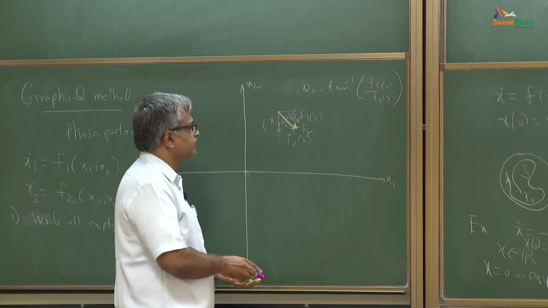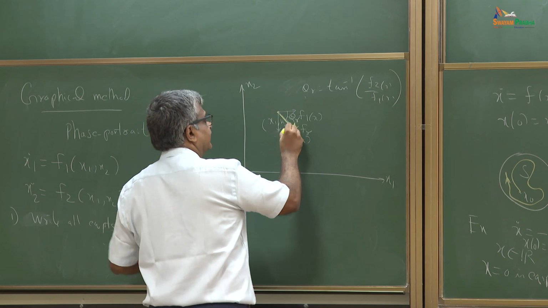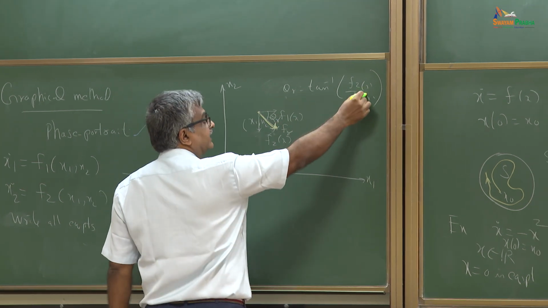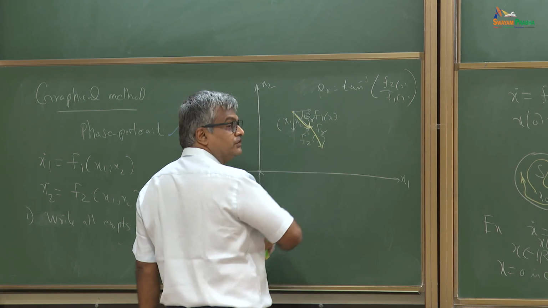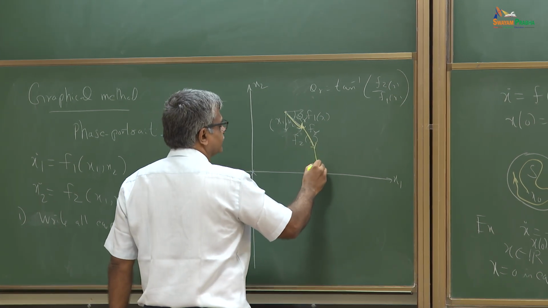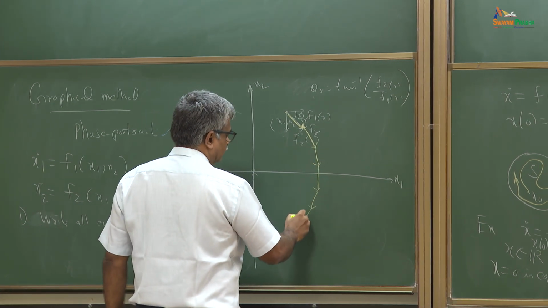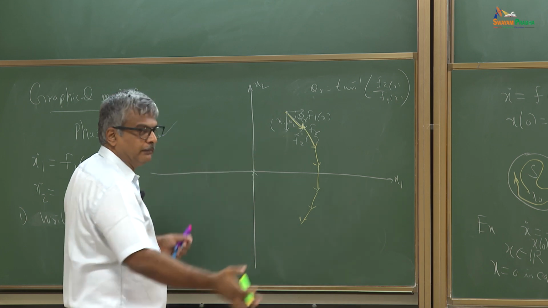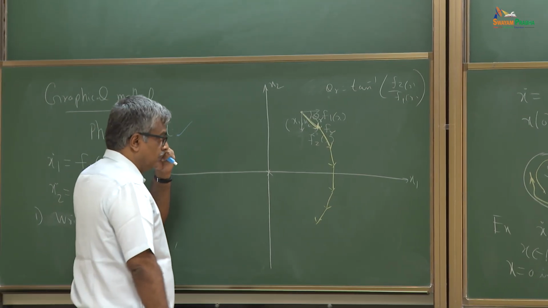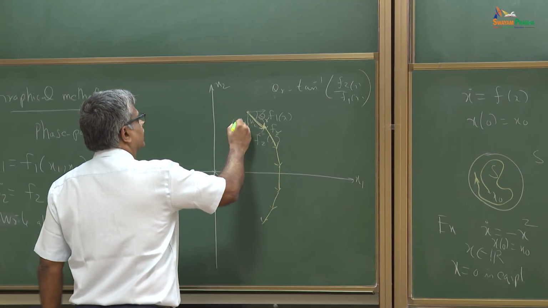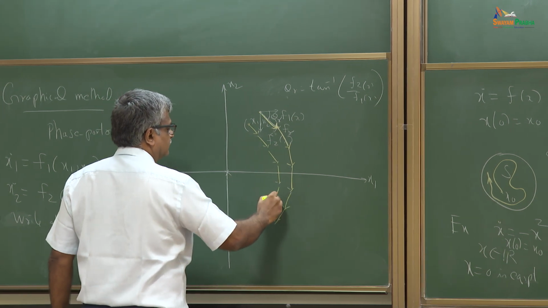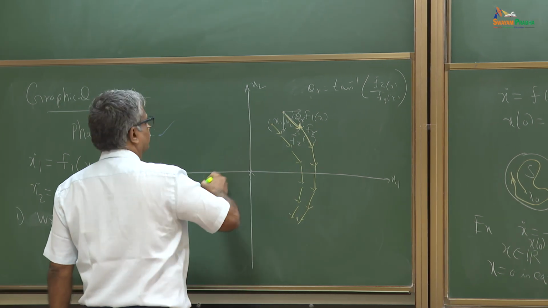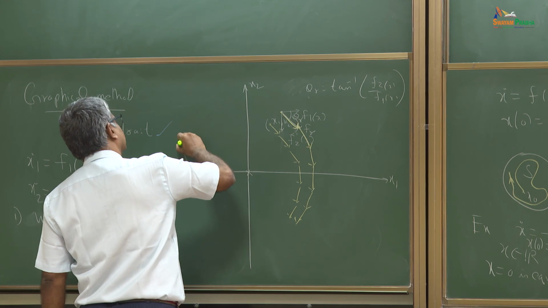Do the same thing for this, right? So again, treat this as the point, plug into this and get the angle. So maybe there will be a small change. Continue this for as long as you want your plane to be filled up, right? Do this for many other initial conditions. So maybe I have something like this. Maybe I'll take some different quadrants.